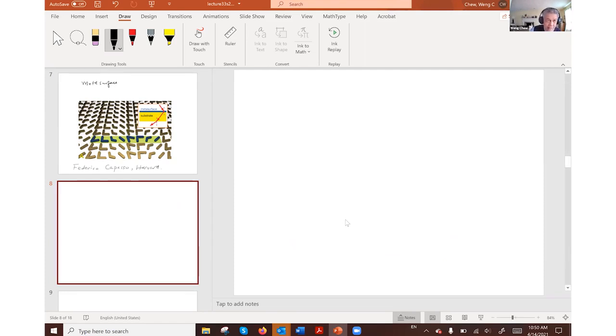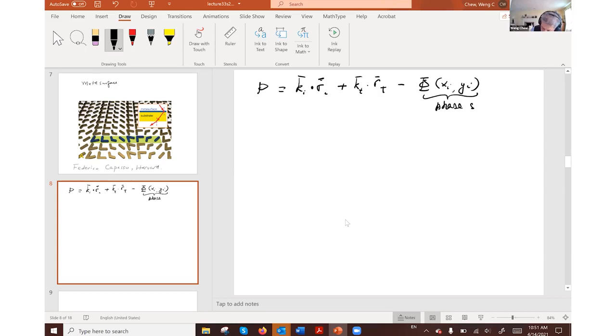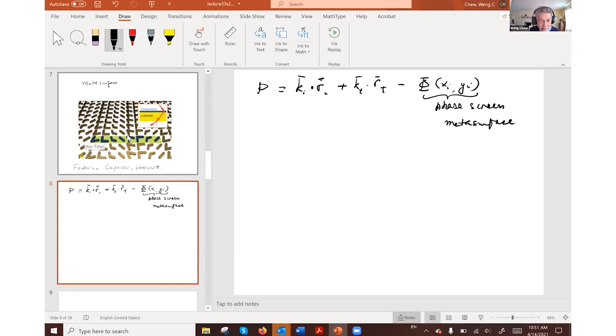So instead of saying that the phase delay is just the simple Ki dot Ri plus Kt dot Rt, we have a phase screen, made from meta surfaces, so that when the light ray goes through this phase screen, depending on where you are, the phase shift gained by the wave is position dependent.